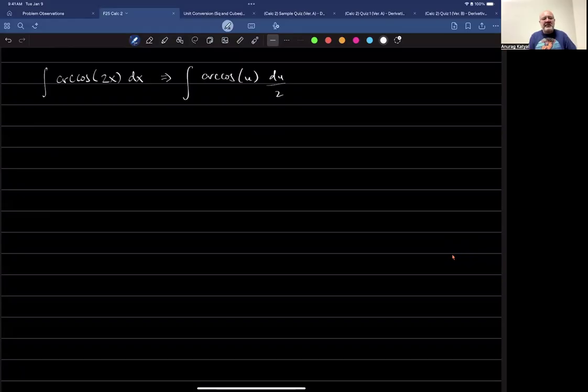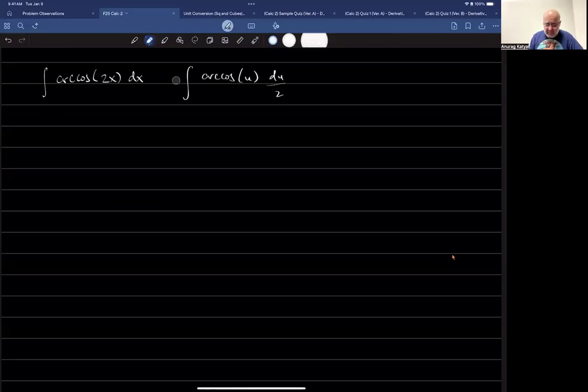But if you don't know how to integrate arc cosine of 2x, you probably don't know how to integrate arc cosine of u either. Just inverse trig functions by themselves, arcsine, arccosine, arctangent, are also classic parts problems. Just like ln x is a classic parts problem, inverse trig functions being integrated by themselves, no products, no quotients, are classic parts questions.